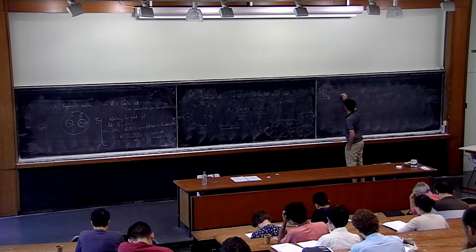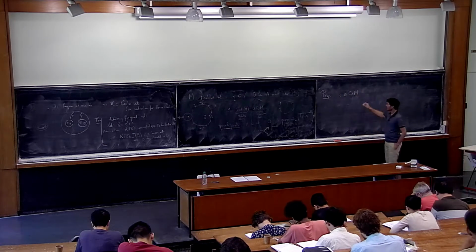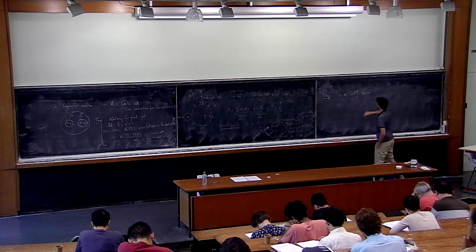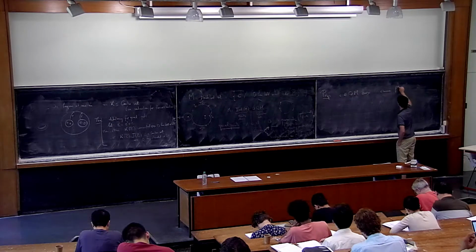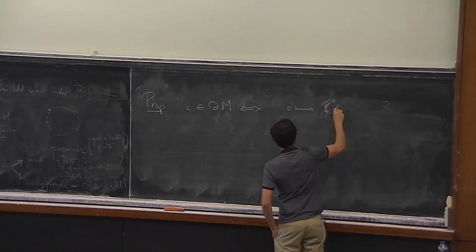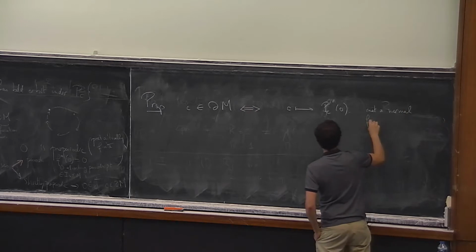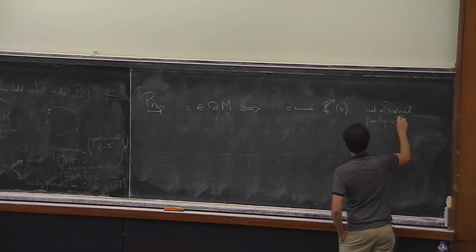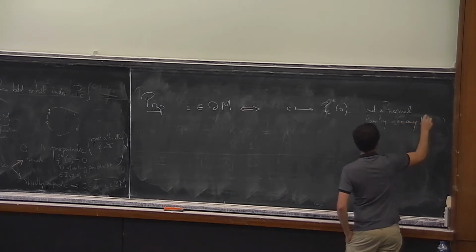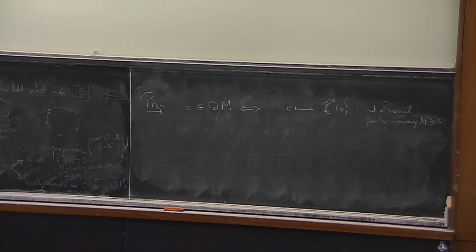A parameter C is in the boundary of the Mandelbrot set if and only if the family of mappings C maps to P_C^n(0) is not a normal family in any neighborhood of C. So it is a little bit like the definition of the Fatou set.